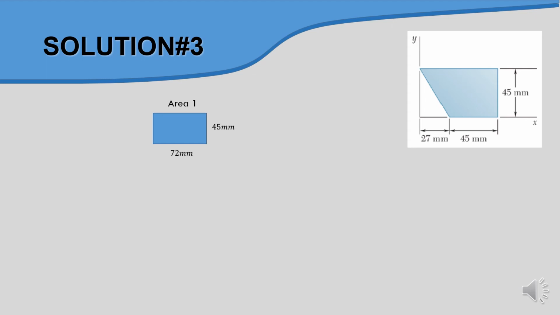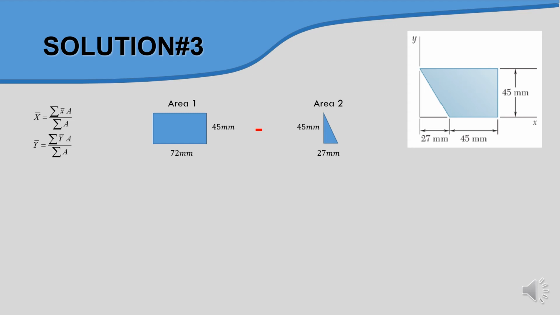For the first one, determine area number one, which is the bigger area using the whole shape, 45 by 72, and then you need to minus this triangle.